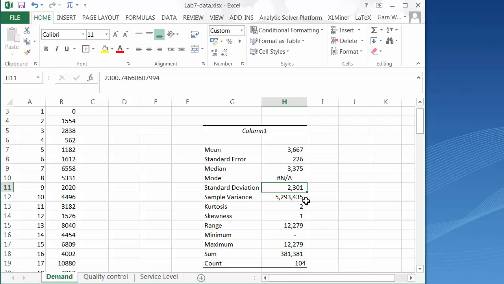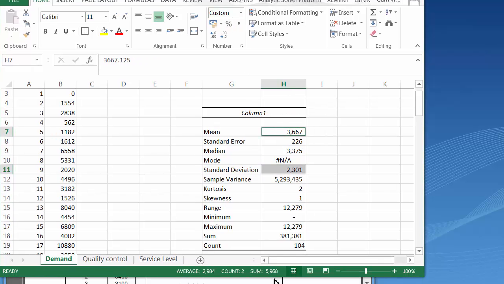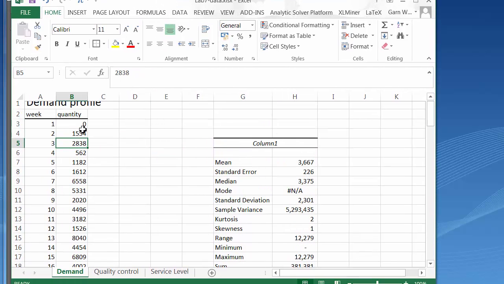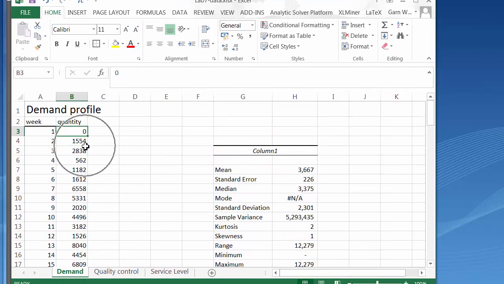As previously seen, we could immediately see that we need about 6,000 items to fulfill the demand 84% of the time, if this is indeed a normal distribution. Can we see that this is a normal distribution?